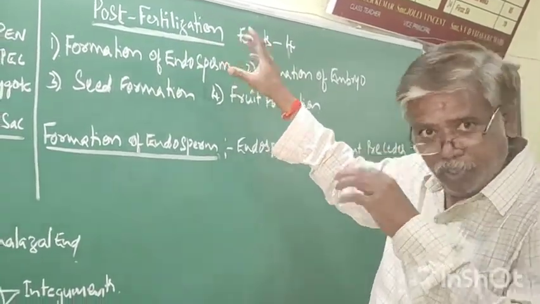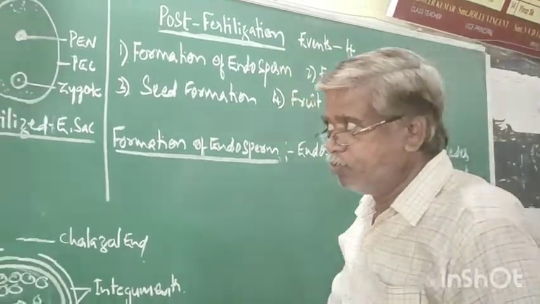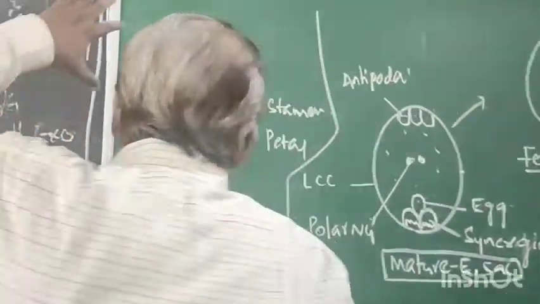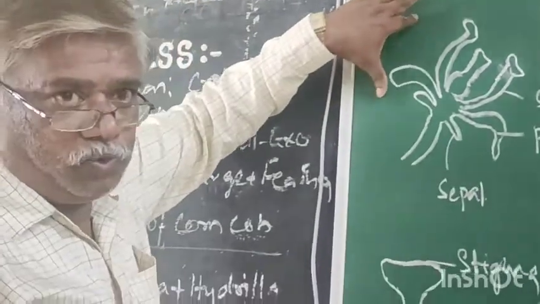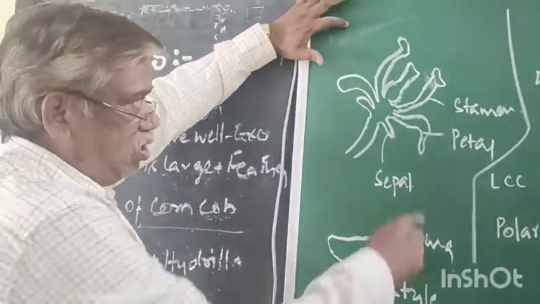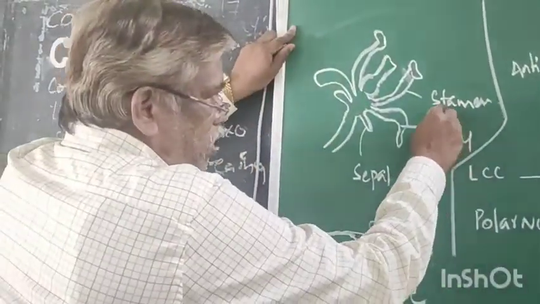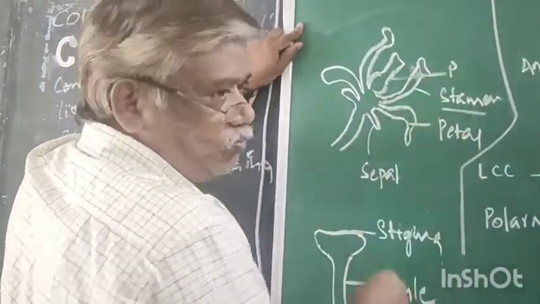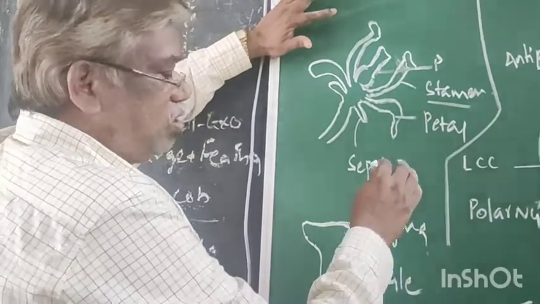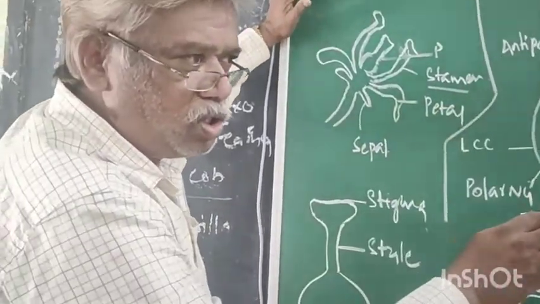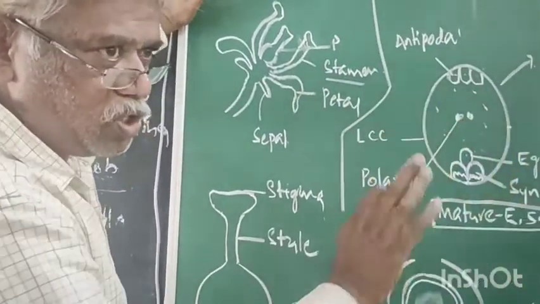Before going to this, just see, this is the bisexual flower. You know, bisexual flower: stamen, pistil. They undergo gamete formation.